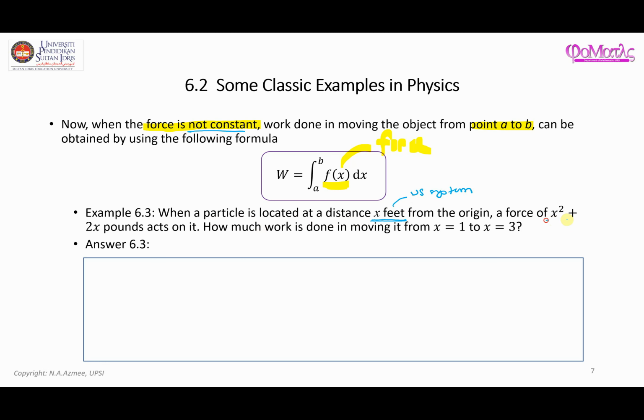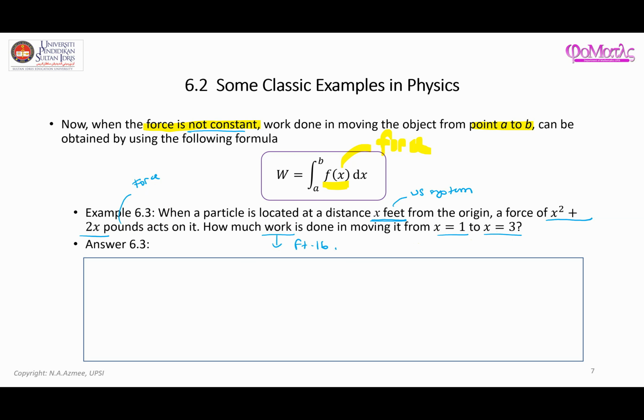A force of x squared plus 2x pounds acts on it. So this is the force, and the force is in pounds. Again, this is the US system. So how much work is done in moving it from x equals 1 foot to x equals 3 feet? Because of that, the unit of work will be foot-pound. Okay.